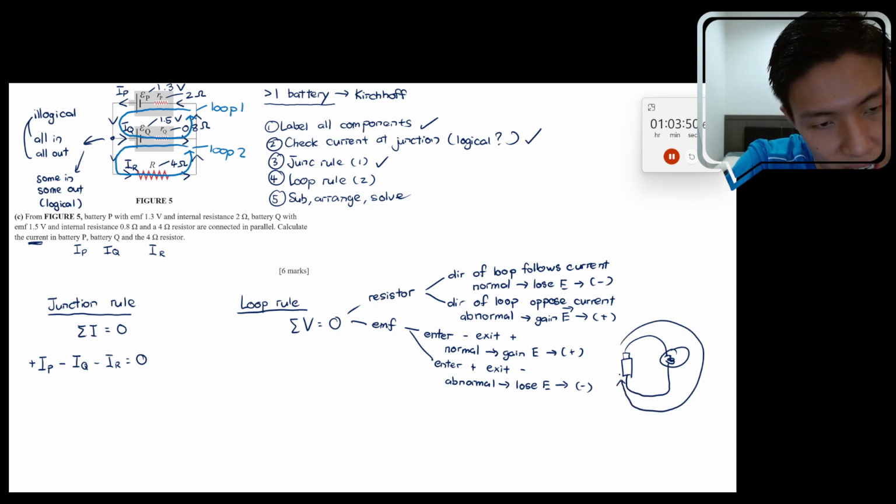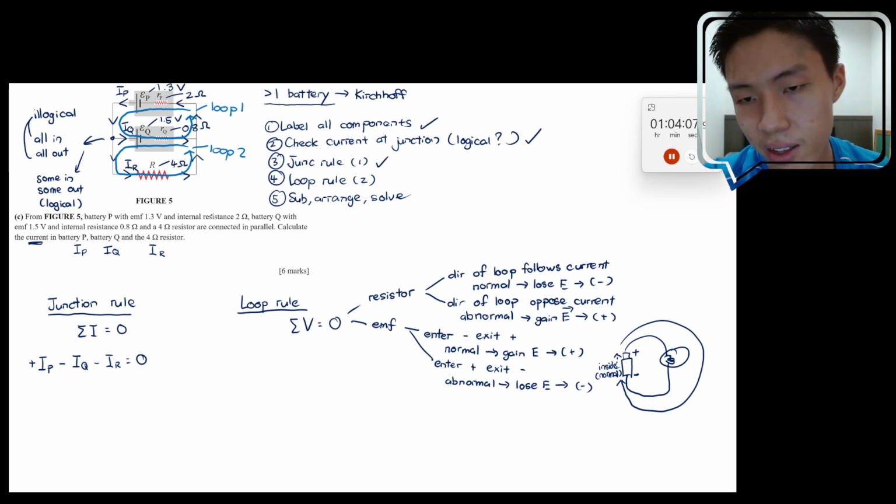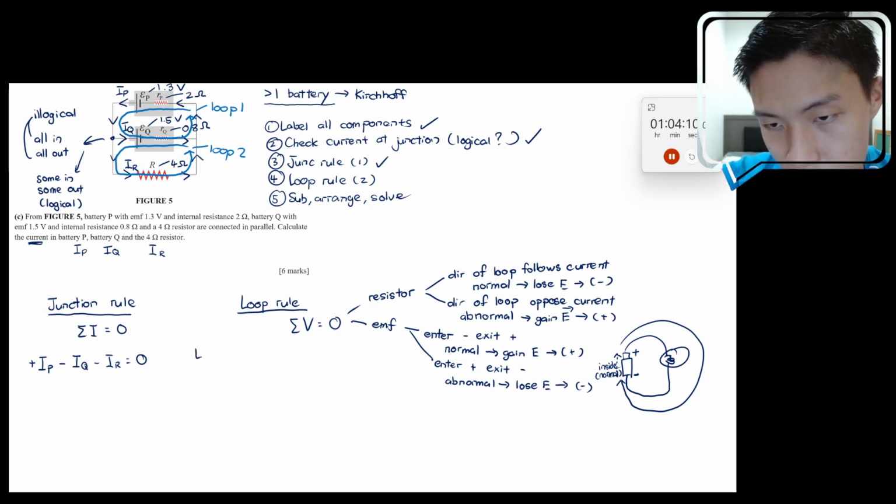So technically inside the battery, it should go from negative to positive. So this is normal. Okay, done. So let's go through loop 1 first.